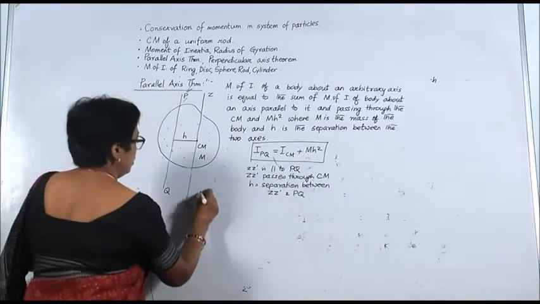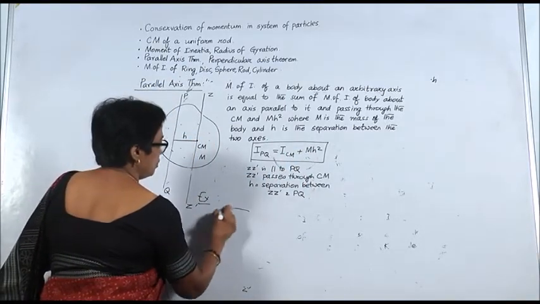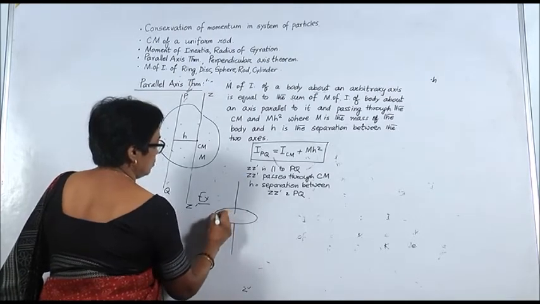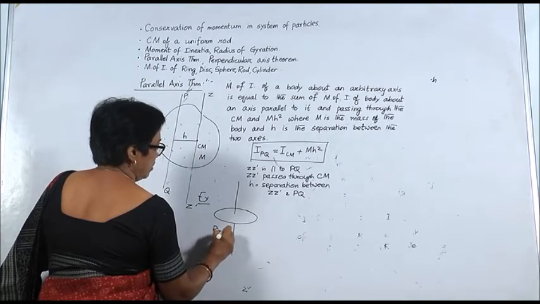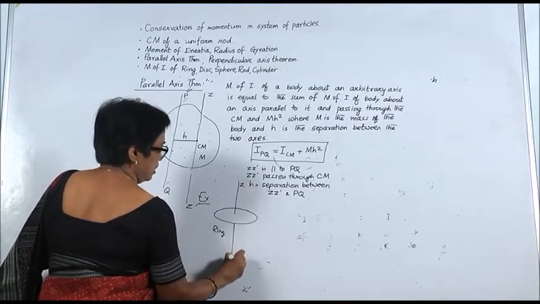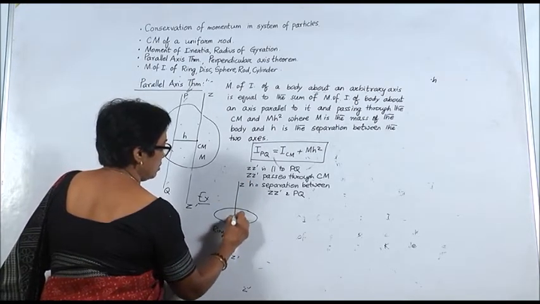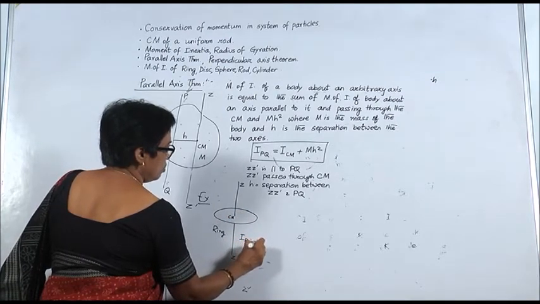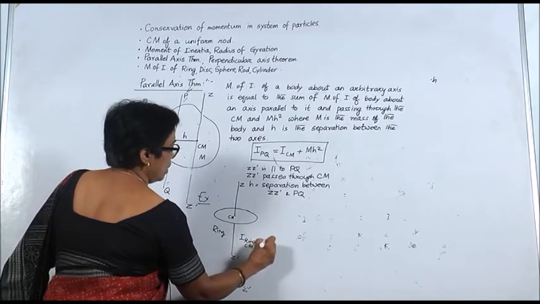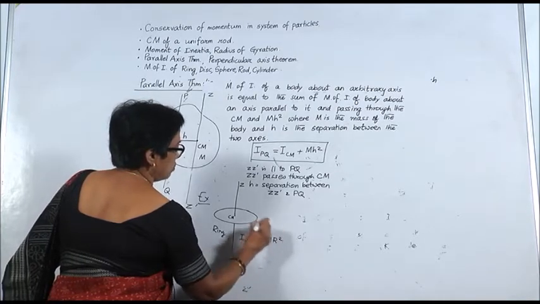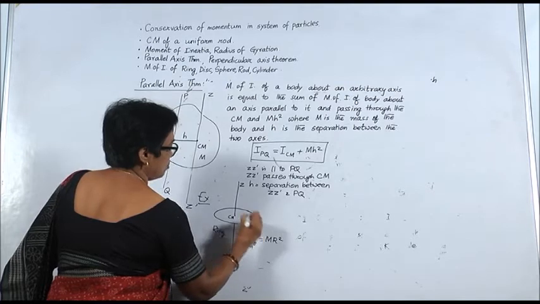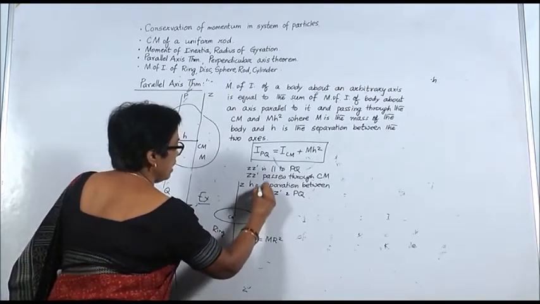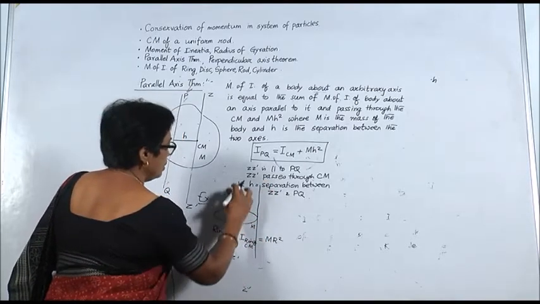For example, we have found out the moment of inertia of the ring about an axis. This is the center of mass. So, this is my ring and my z z dash here is passing through the center of mass. So, moment of inertia of the ring about the center of mass is equal to m r square, that we have found out, if m is the mass of this ring. I want to find out moment of inertia about an axis parallel to this z z dash.